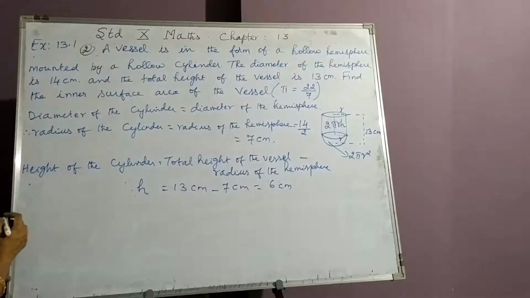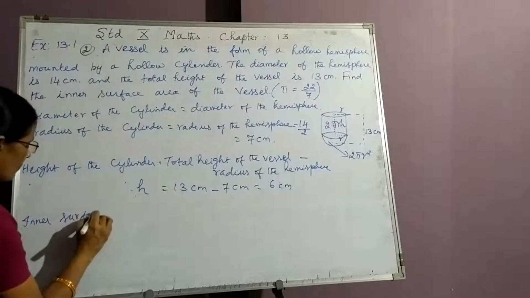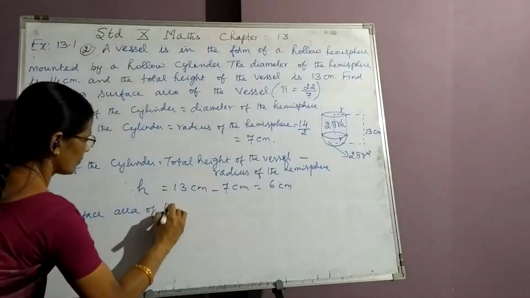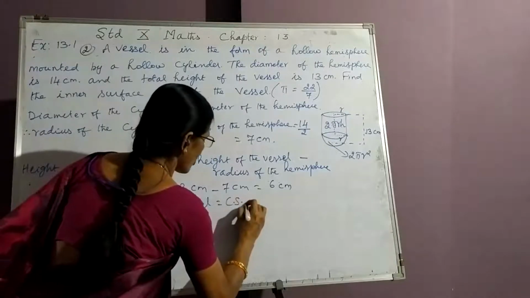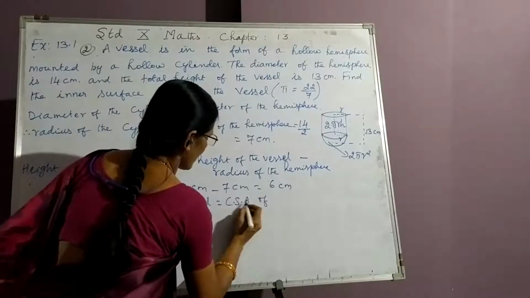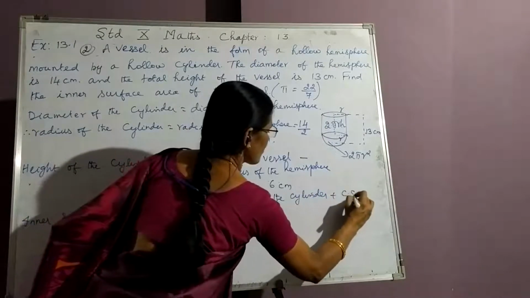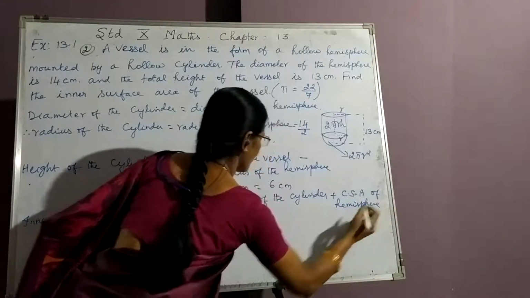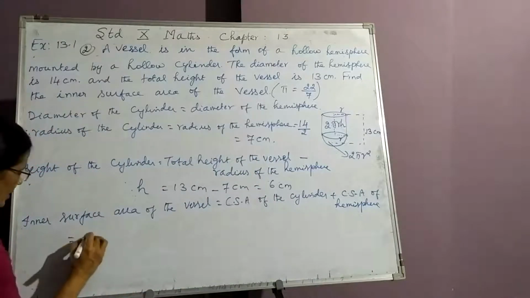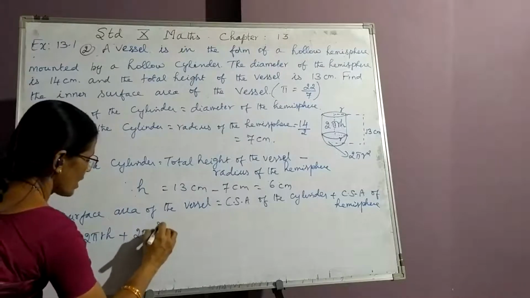Now we are going to find out inner surface area of the vessel. So inner surface area of the vessel is equal to CSA, curved surface area of the cylinder, plus CSA of hemisphere. What is CSA of the cylinder? We know it is 2 pi RH. CSA of the hemisphere is 2 pi R square.